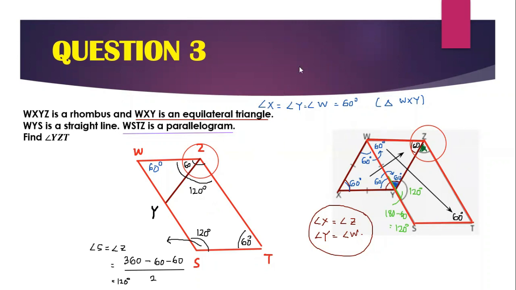So we'll find angle YZT equals 120 degrees minus 60 degrees. So angle YZT is 60 degrees. Done. Easy, right? Very easy, right?